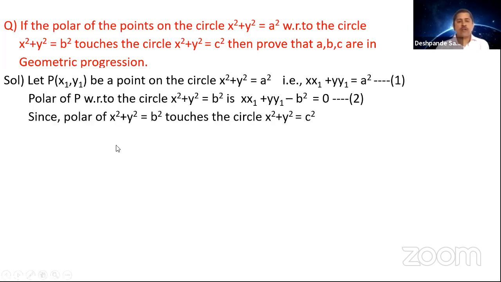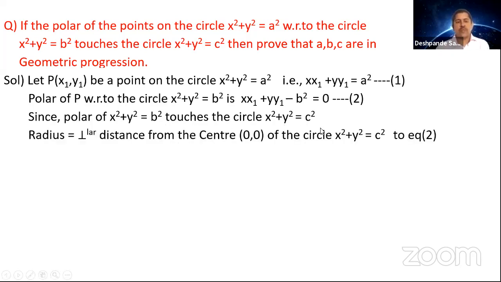Since the polar of x square plus y square is equal to b square touches the circle x square plus y square is equal to c square, it means that the radius is equal to the perpendicular distance from the center. What is the center of this circle? 0, 0, right? Of the circle x square plus y square is equal to c square, to which equation? The polar equation.